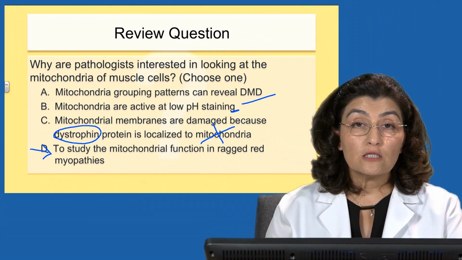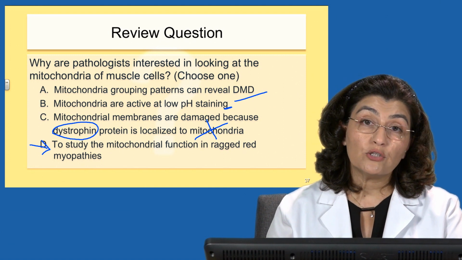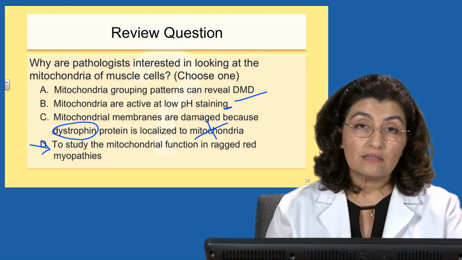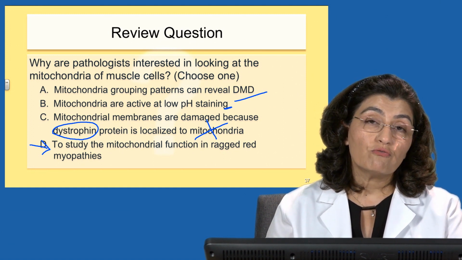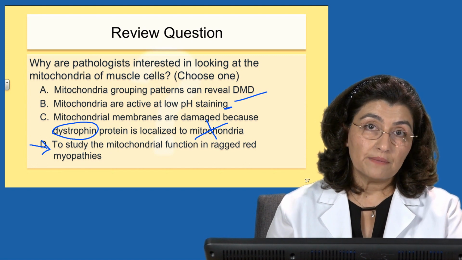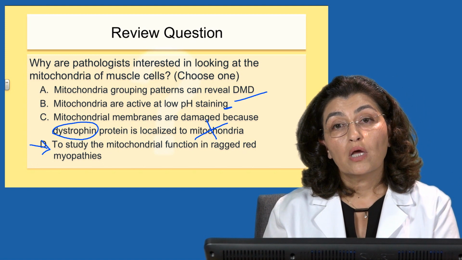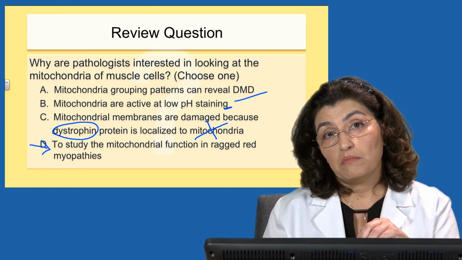Now, our study does not end by proving we have abnormal mitochondria in the skeletal muscle. When the question is whether this patient has a mitochondrial myopathy, which is a form of metabolic myopathy, then we have to further study the muscle by actually measuring the enzymes in the muscle.